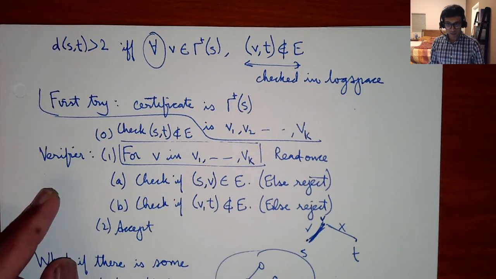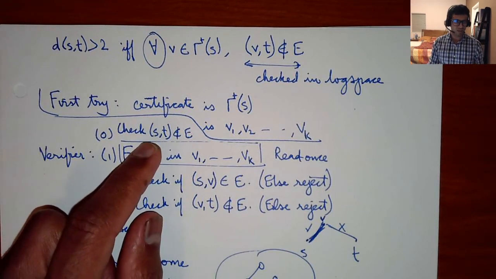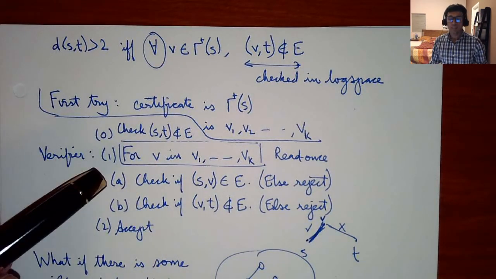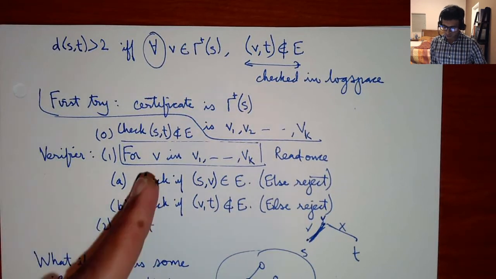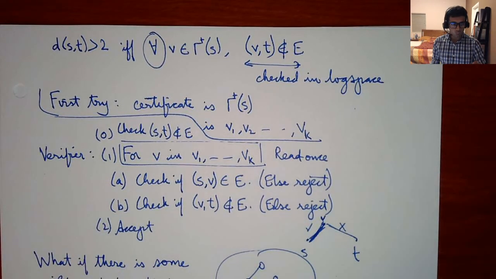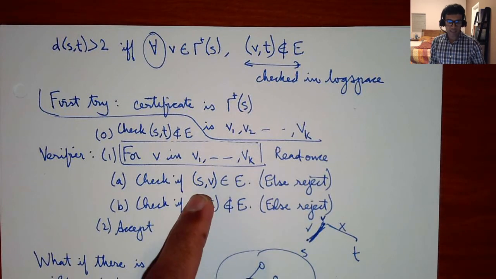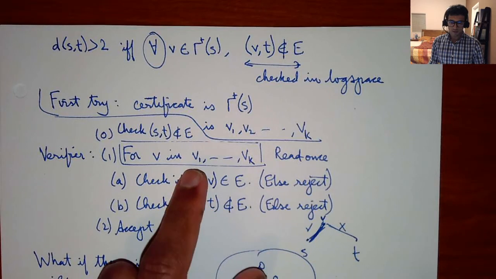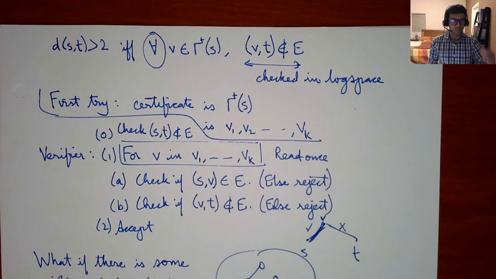Let's construct the verifier. The first thing the verifier does is check that ST is not an edge and that S and T are distinct. This it can do. Then it says for all vertices V1 to Vk, check if SV is in E, meaning check if V is actually a neighbor of S. If it isn't, reject, because that means the certificate is incorrect.